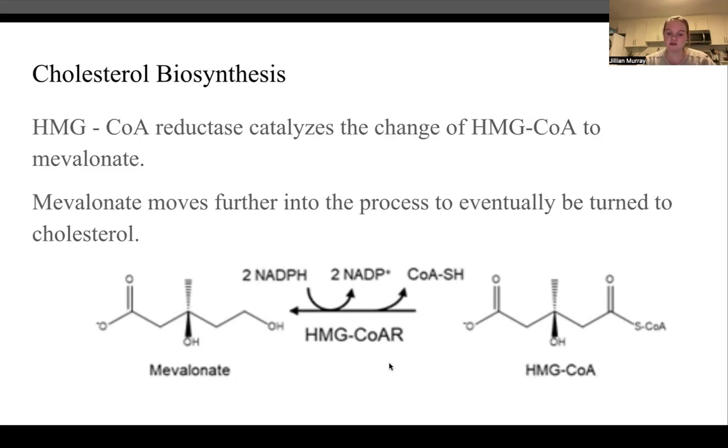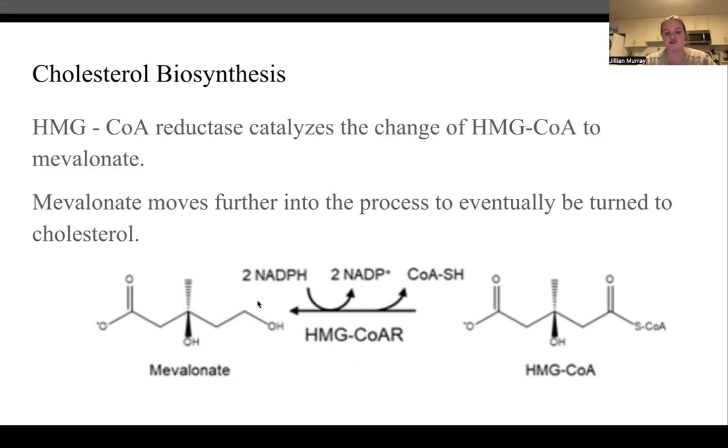In the second step of cholesterol biosynthesis, the goal is to change HMG coenzyme A, which is a shortened version of hydroxymethyl glutamyl coenzyme A, into mevalonate. To do this, the enzyme HMG coenzyme A reductase catalyzes this reaction.